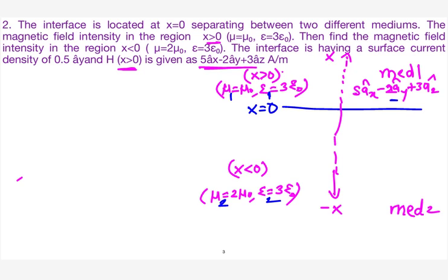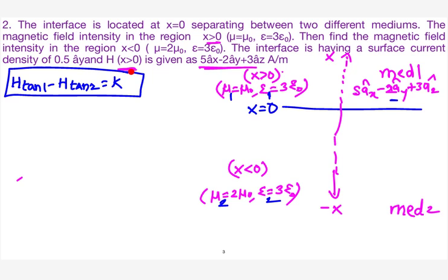And as I said earlier, the wave is always entering from medium 2 to medium 1. So what is the boundary condition you have? H tan 1 minus H tan 2 is equal to K. Can you tell me what is H tan 1 in that case?